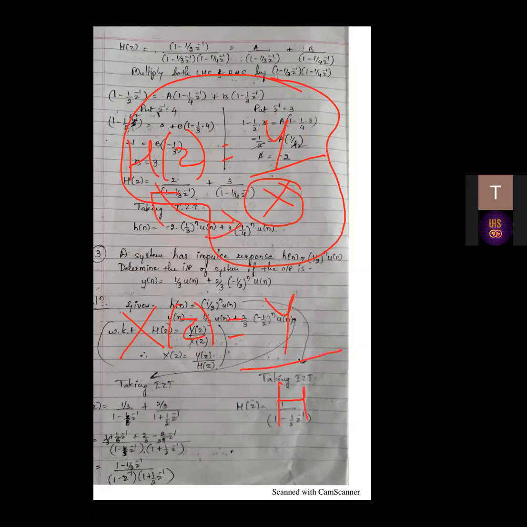Once you get this X of z, you can find x of n by applying the inverse z transform. So now you have to take the given two equations and take the help of the system function H of z equation.